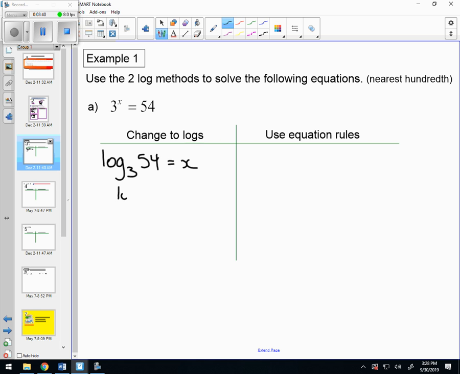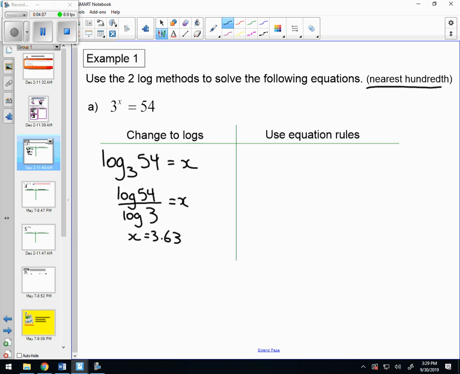Okay, to type that into my calculator, log 54 divided by log 3 equals x. Okay, the answer for that one is 3.63. It said solve to the nearest hundredth. Nearest hundredth is 2 decimal places.